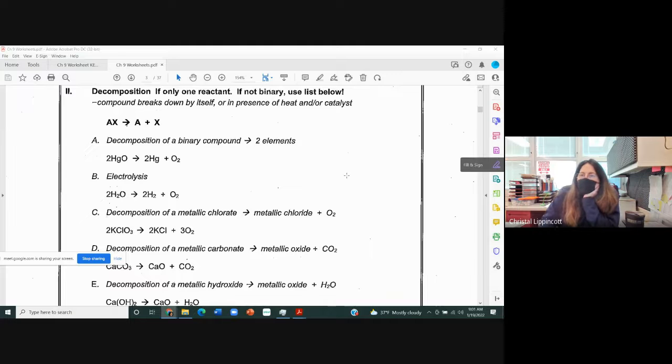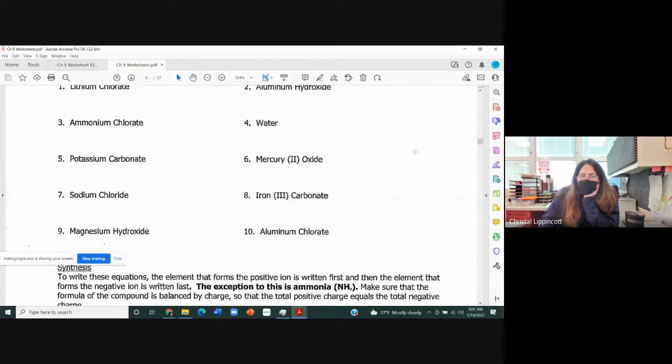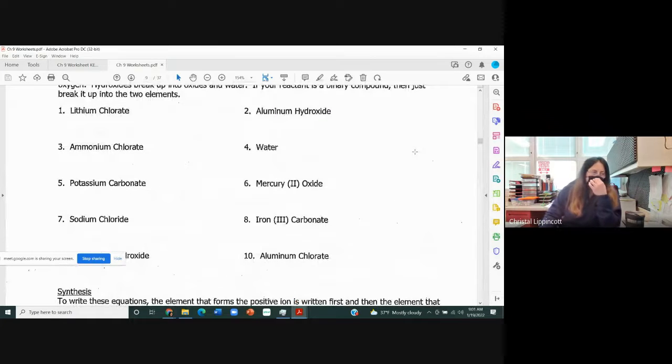All right. So the first thing we're going to do is I'm going to go down to your homework for tonight, and I'm going to start doing some of the problems for you. And then give you kind of some hints along the way. All right, so the first example on your sheet here is lithium chlorate.